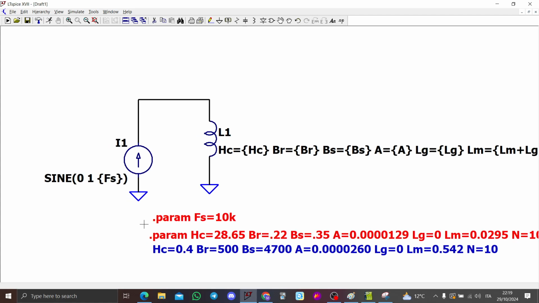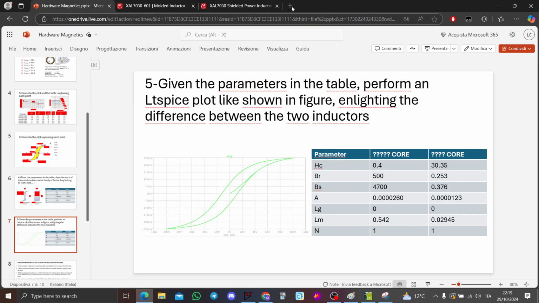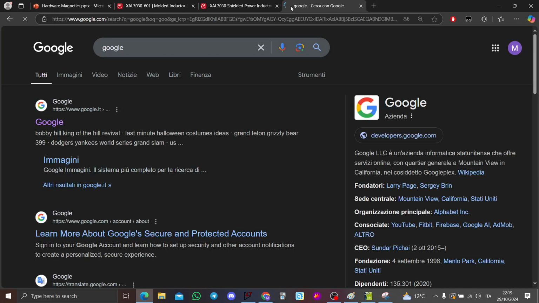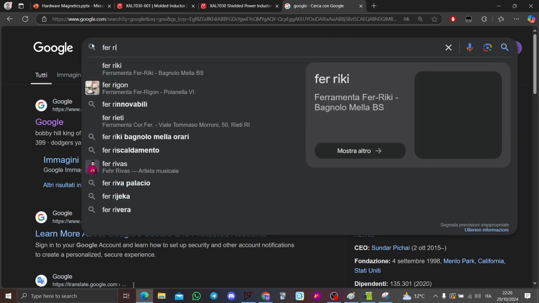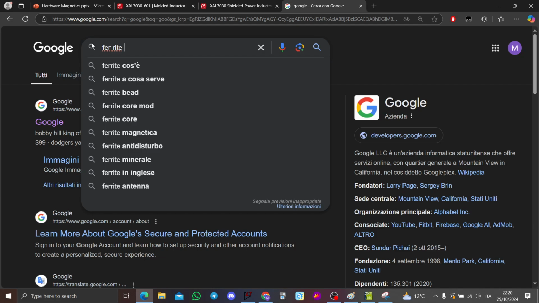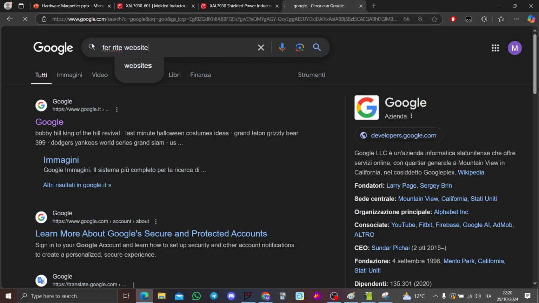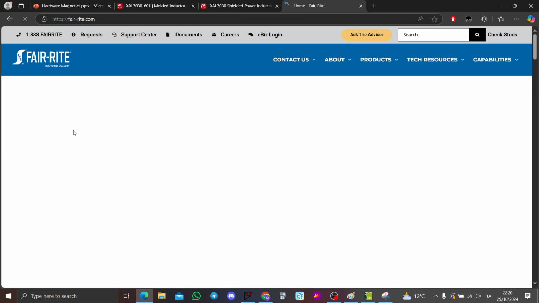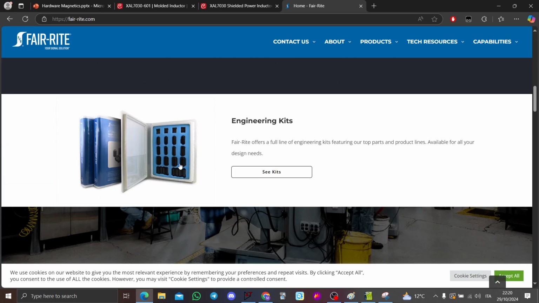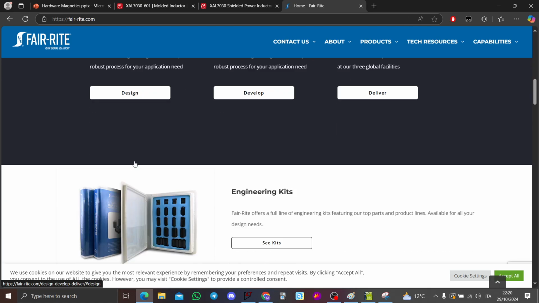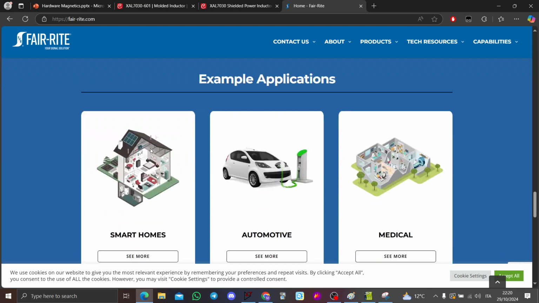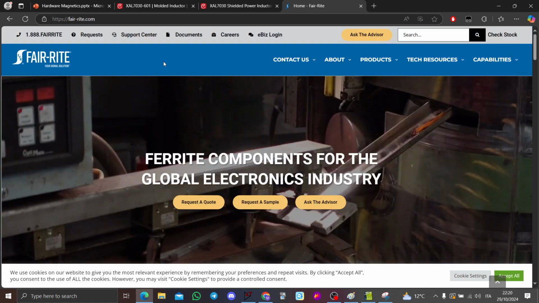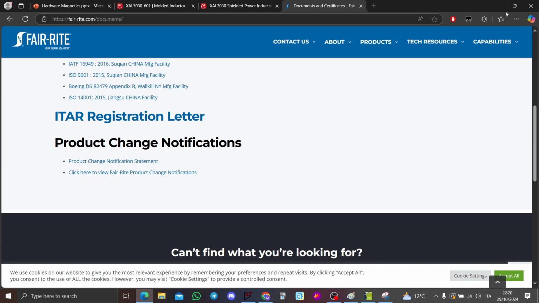I choose 10 kilohertz because most of the time, if you go to a ferrite website, most of the ferrites will be tested at 10 kilohertz.